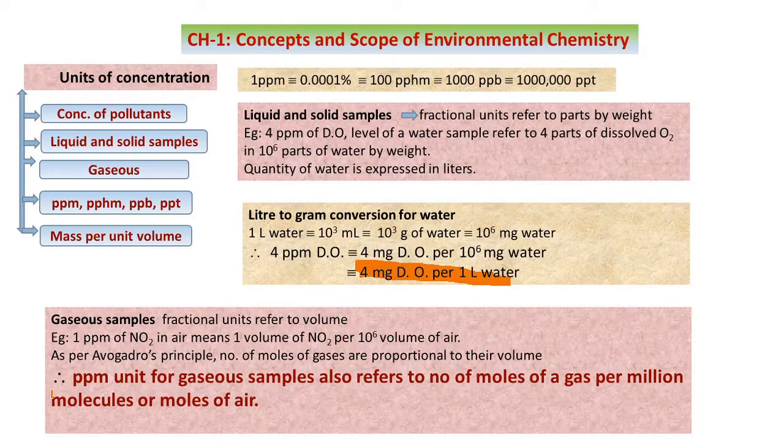As per Avogadro's law, the number of moles of gas is proportional to the volume, so we can express this ppm unit of gas samples in mole of gas per million mole of air. Another unit for gases is the number of molecules per unit volume, per centimeter cube of air.